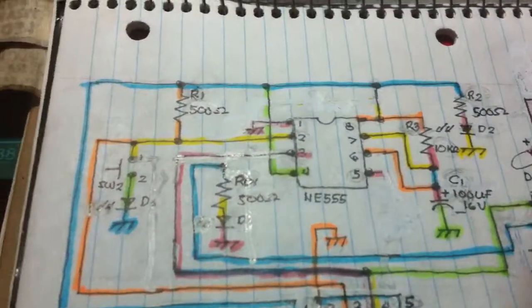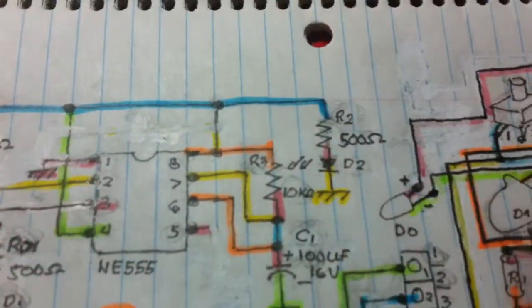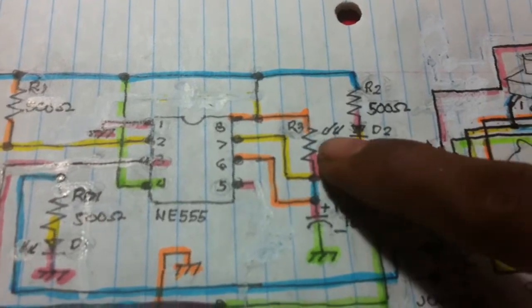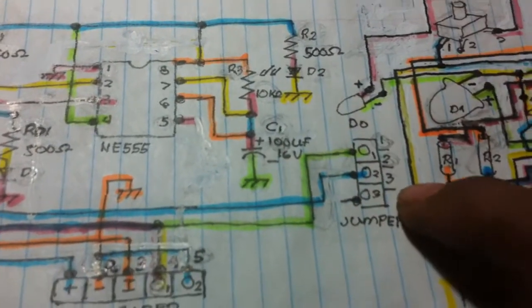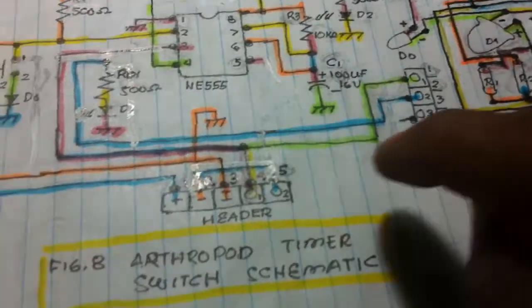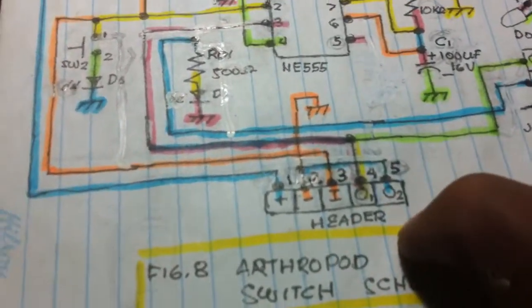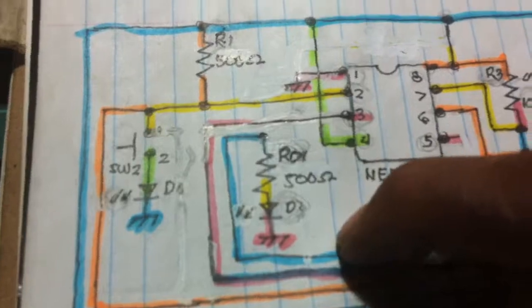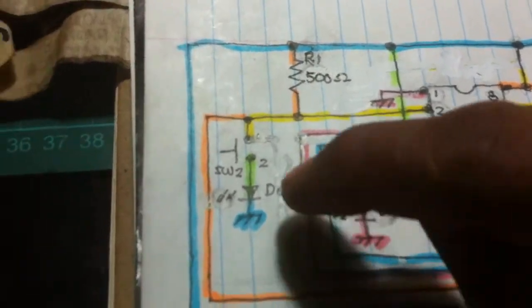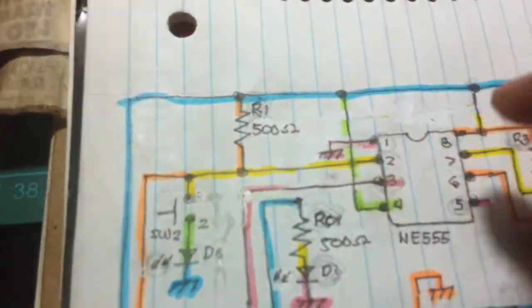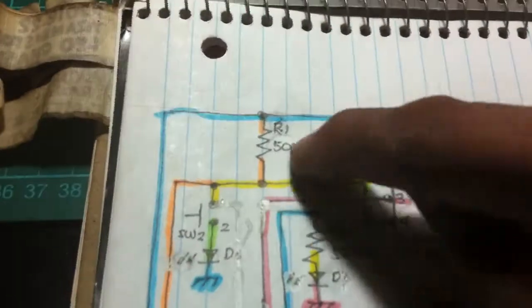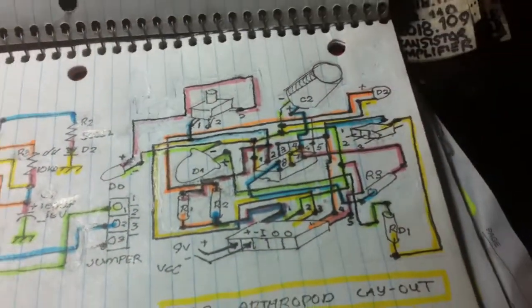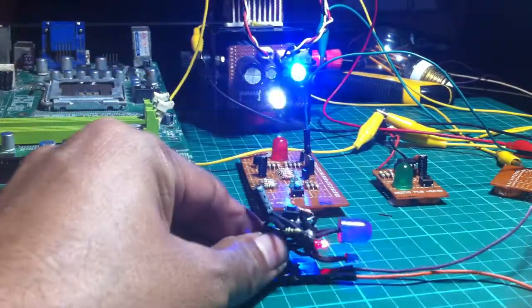Now we have this 500 ohms, 500, 10K, 100 connected to the jumper header, the base, 500 ohms, LED output, input LED, switch button, grounded, pin number 2, R1, and this is the layout of our Arthropod module. That is now our new module.